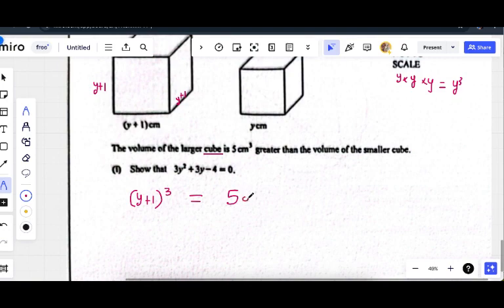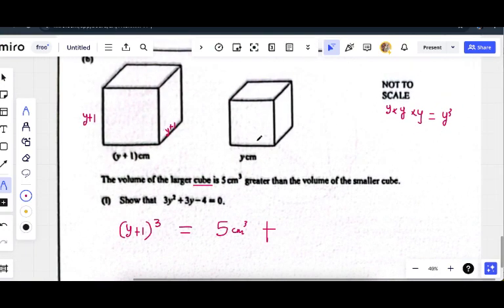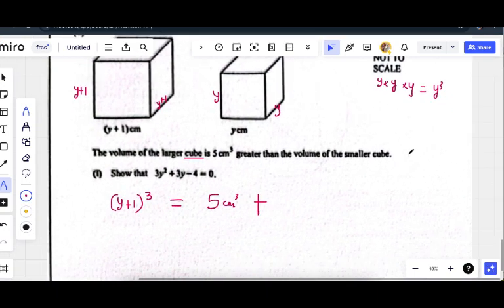Greater means plus, whatever the volume of the small one is. The side of the small one is just y, so the volume will be y times y times y, which is y to the power of 3. So here I'll have y to the power of 3.